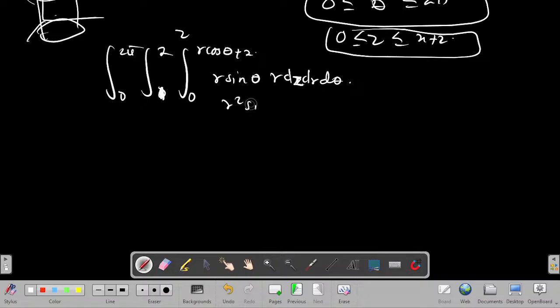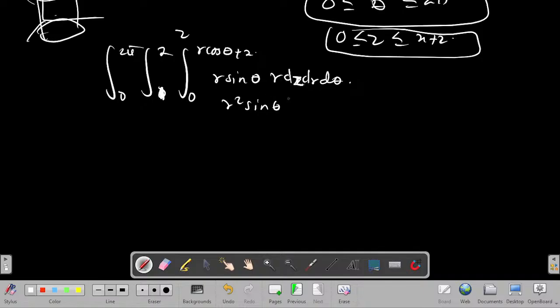So for us to simplify the first integral, we can multiply. This becomes r squared sine theta, for the y, since y was r sine theta. Now my first integral is with respect to z.